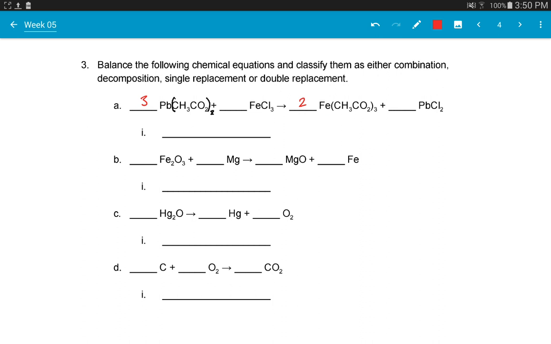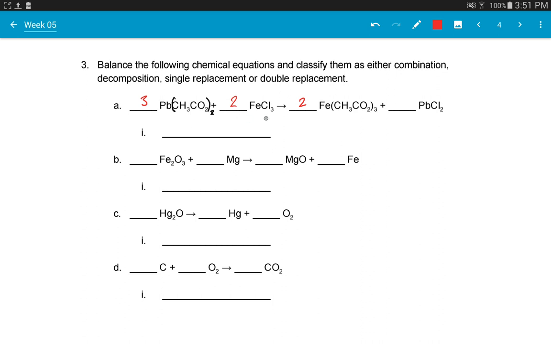We'd end up with the same coefficients, either way of looking at it in this particular problem. If we look at our irons, we have 1 iron on this side, but this coefficient of 2 now makes 2 irons on the product side. A quick coefficient of 2 in front of the iron 3 chloride fixes that.